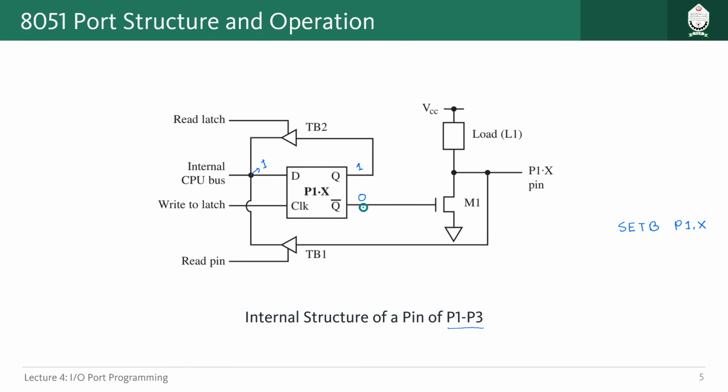If this is 0, that means we are giving a low signal to the gate of our MOSFET, right?